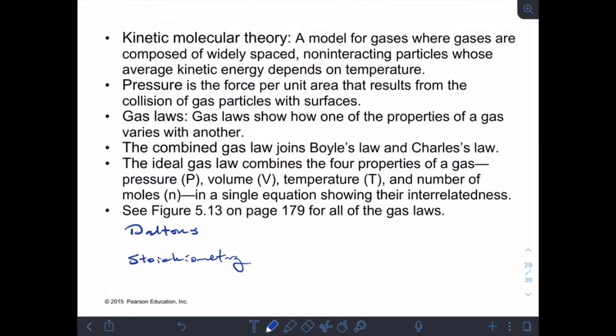So, but Dalton's law is individual partial pressures give us a total pressure. So the pressure of the individual gases add up to the total pressure of the system. And stoichiometry is nothing new. So the only difference with the stoichiometry here is that we're using the ideal gas law in order to get to our mole bridge.